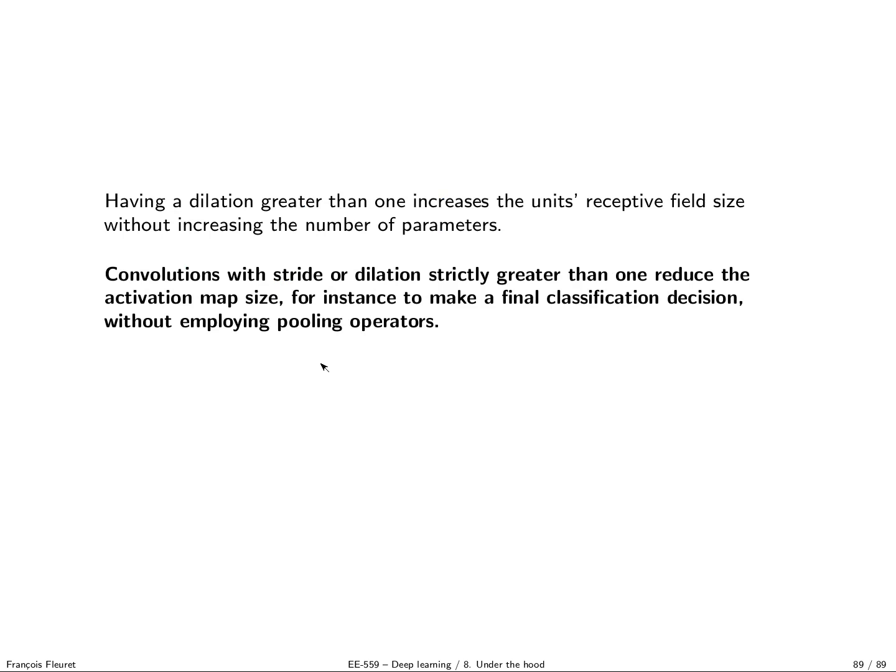So what is interesting in all this is that, it's kind of a recent realization, if you use stride greater than 1 and dilation greater than 1, it allows you basically to remove pooling. So you can really reduce the size of your activation maps without having pooling modules.